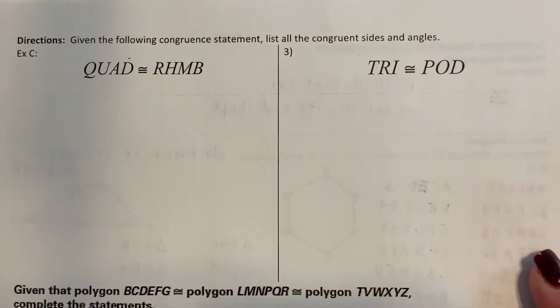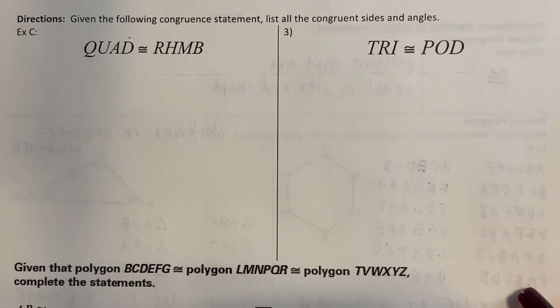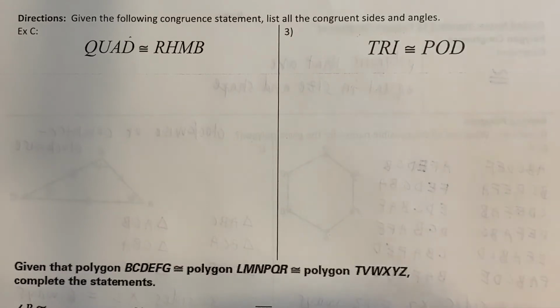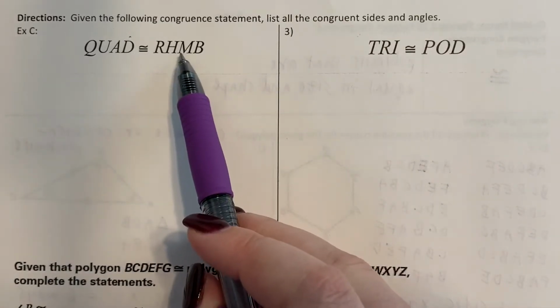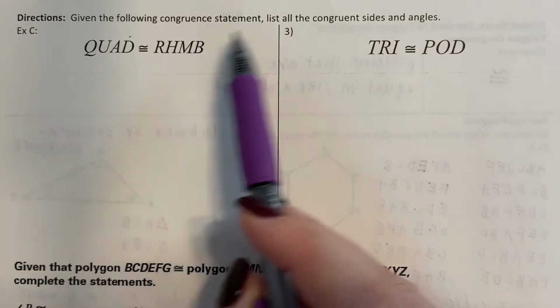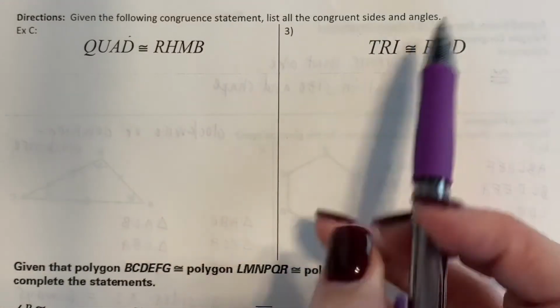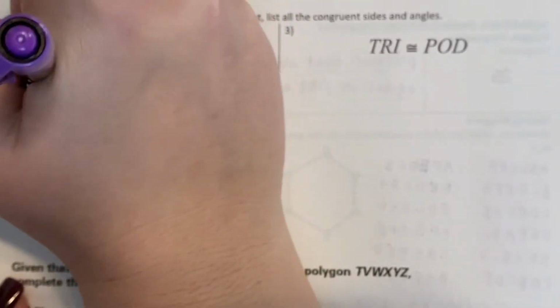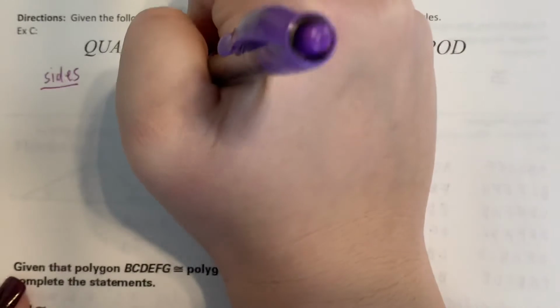If we now flip to the back side, we're going to do something very similar. And now instead of being given a figure, we are given the congruent statement. And based off of this congruent statement, we need to list all the congruent sides and angles. So I'm going to make a column for sides and I will make a column for angles, and I need to list all of them.